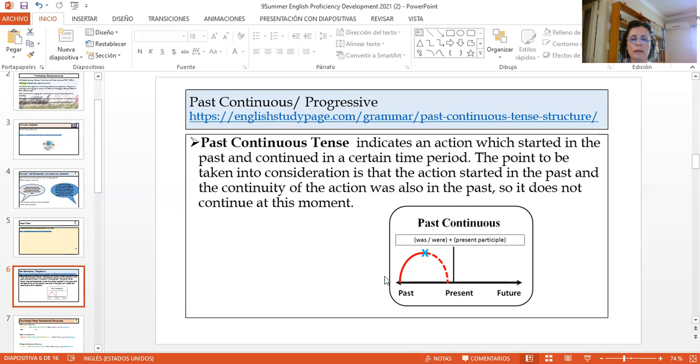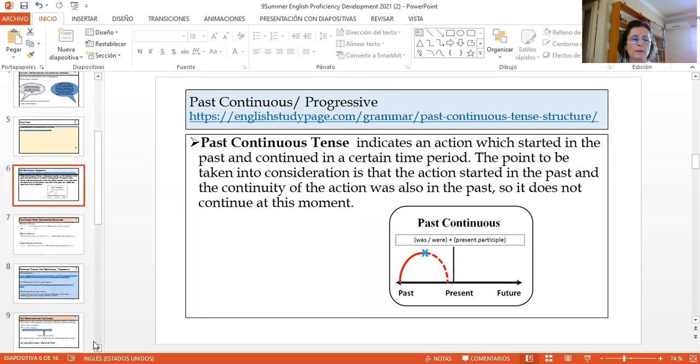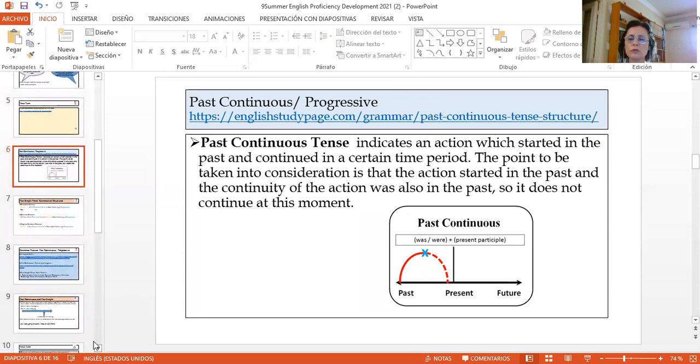So during the past, you use a very specific form of the verb to be in the past. It refers to some activity in progression in the past. That is why I cannot use it with a simple past. The simple past is I worked, I went, I traveled. But if I am going to use the past continuous, it means a progression.